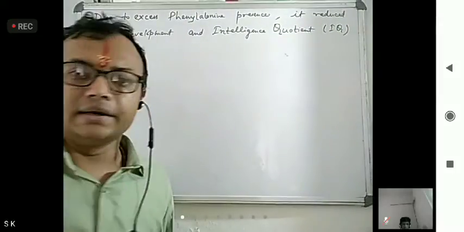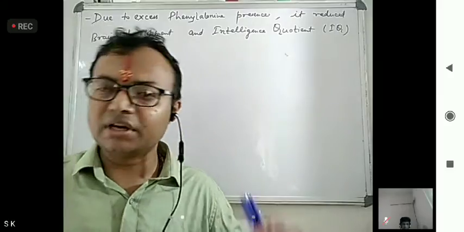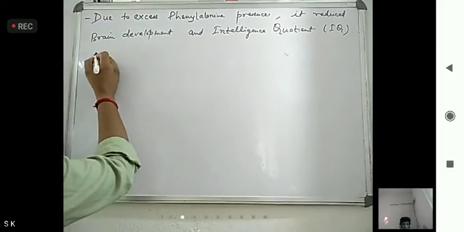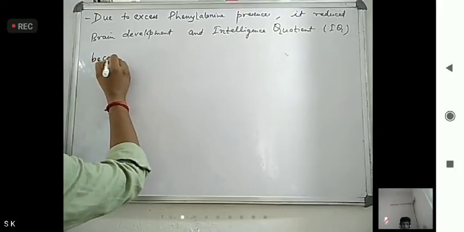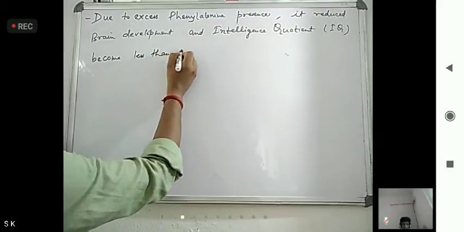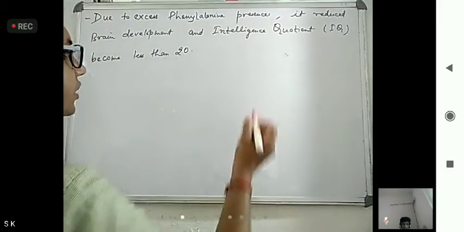Okay, and intelligent quotient becomes what? They are becoming less than 20. So IQ, intelligent quotient, becomes less than 20. And this is a JIPMER question.